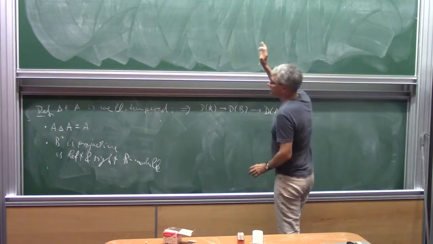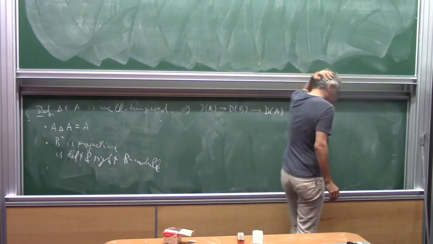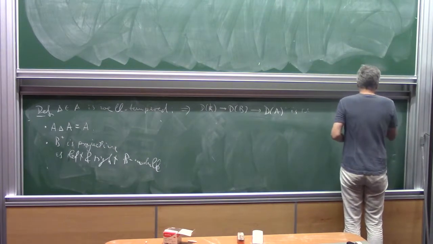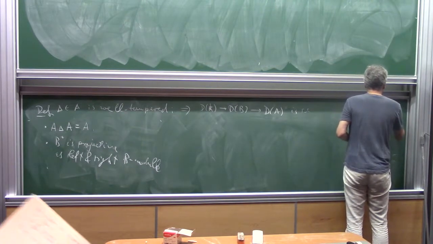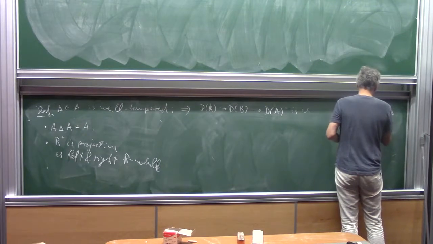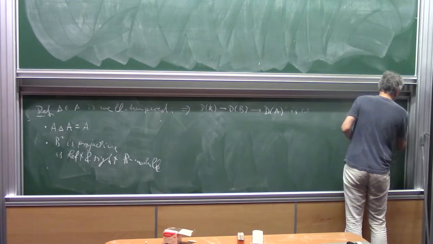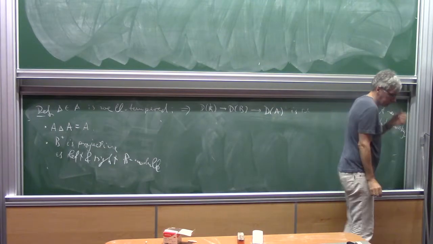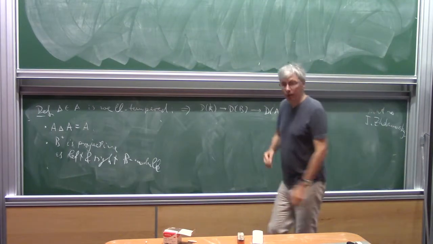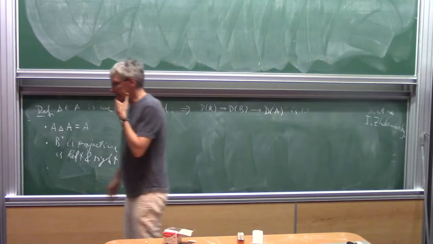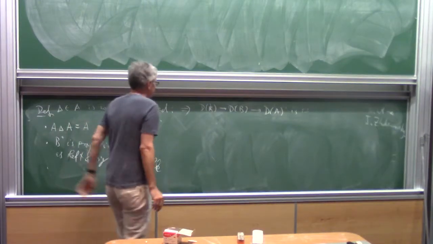Yeah, so the beginning of this story is joint work with Ilya Zhdanovsky. We came to this construction actually when we considered some problems related to discrete harmonic analysis on graphs, but today I won't speak about this.